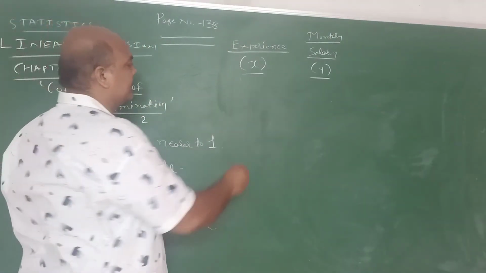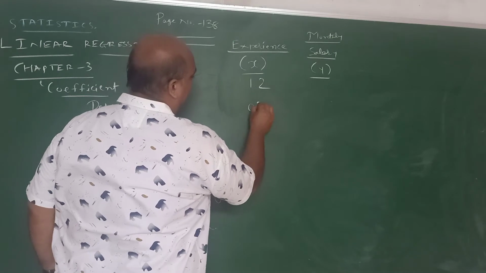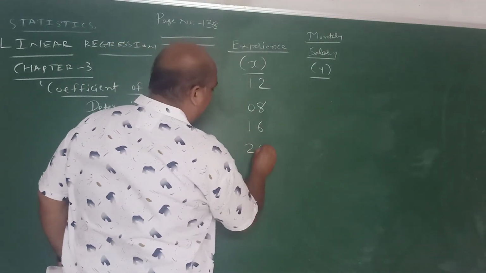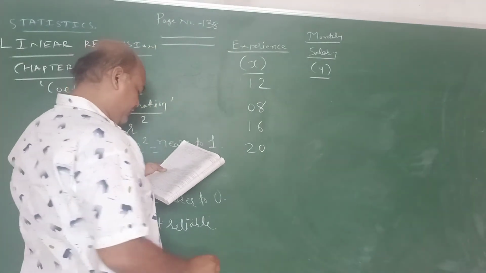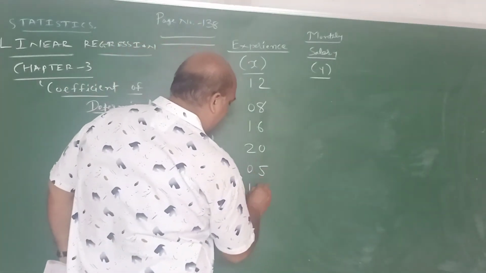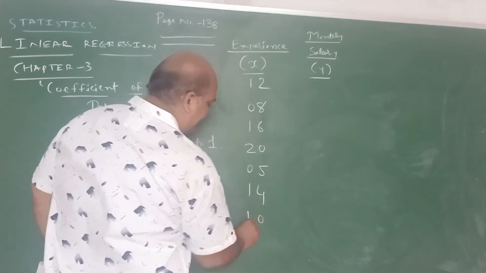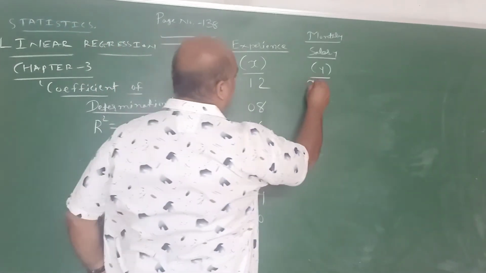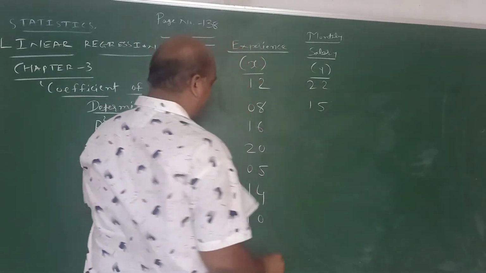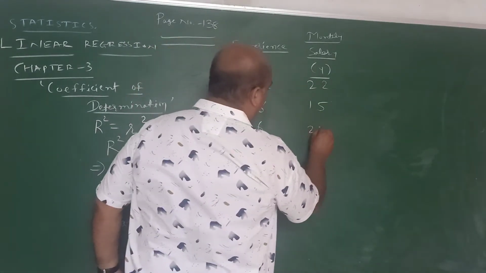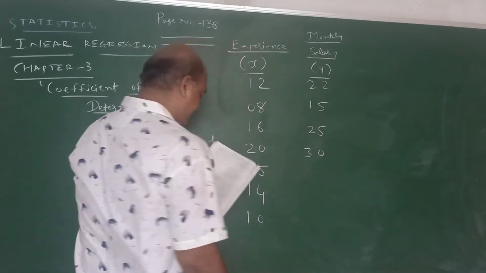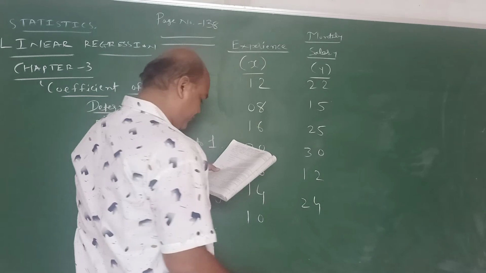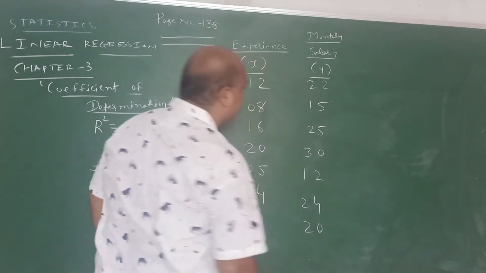The experience data is provided: 12, 8, 16, 20, 5, 4 and 10. While the monthly salary data is provided: 22, 15, 25, 30, 12, 24 and 20.